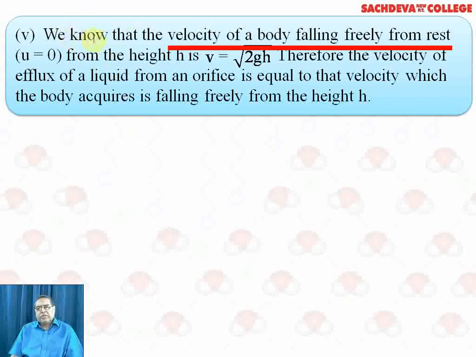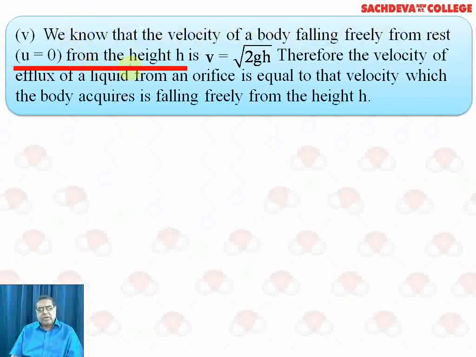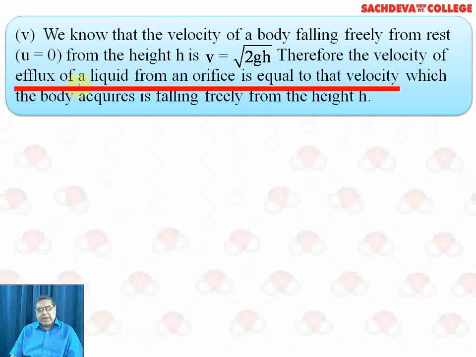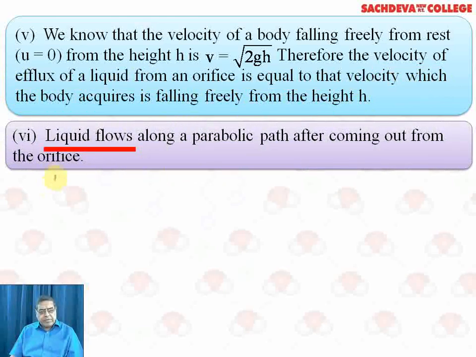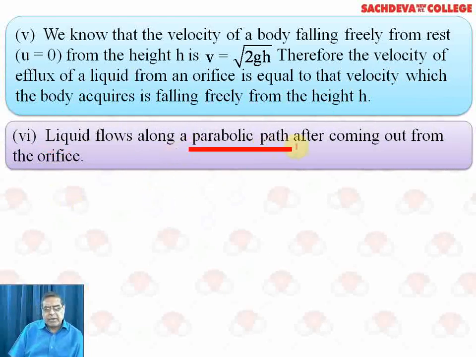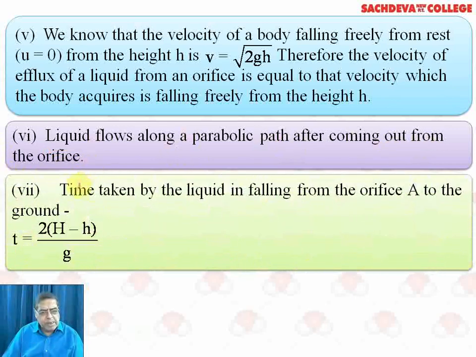We know that the velocity of a body falling freely from rest from a certain height h is given by v = √(2gh). Therefore, the velocity of efflux of the liquid from an orifice is equal to the velocity which a body acquires when falling freely from the height h. Liquid flows along a parabolic path after coming out of the orifice.